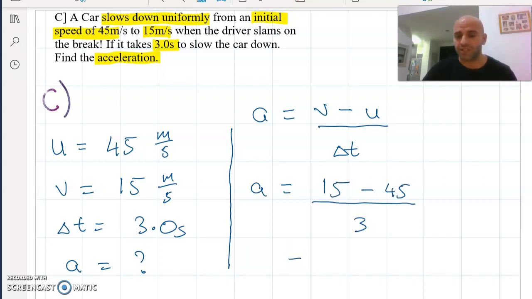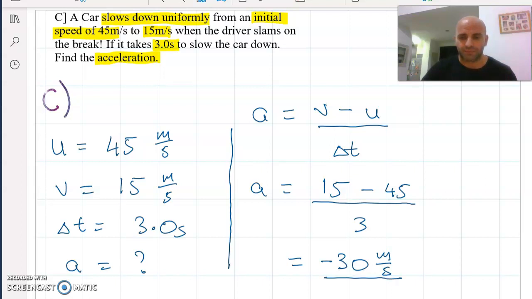We've got 15 minus 45. Oddly enough, this is not a case of where it's the biggest number take away the smallest number. It's the other way around. So it's important that you pay attention to what you're told in the question, because you might make that mistake. You might go 45 minus 15 and think, oh, everything's fine. But that won't give you the correct acceleration. That will give you a positive acceleration.